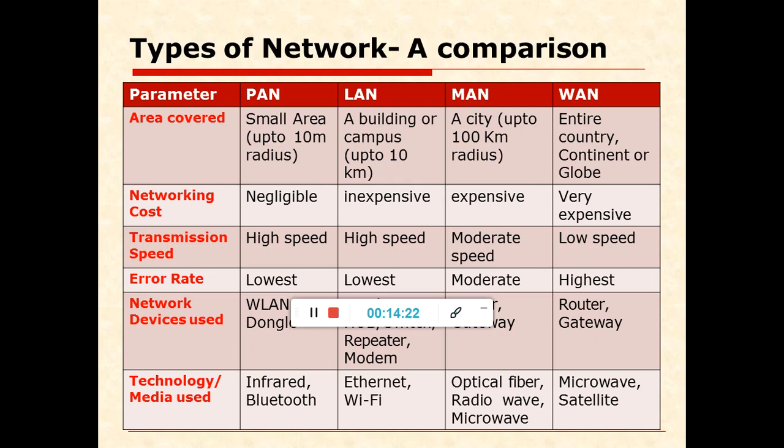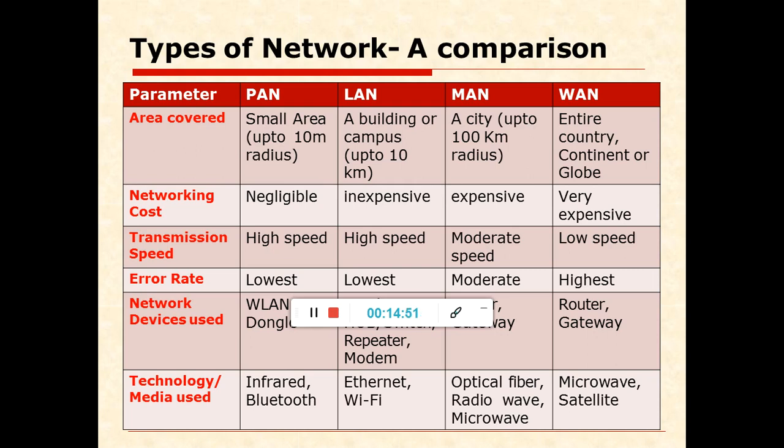That's why speed is very high. Coming to MAN, moderate speed, because the coverage area is 100 km. From PAN to WAN the coverage area increases, so the transmission speed decreases. So coverage area will determine the transmission speed. If the coverage area is high, the transmission speed will be low.